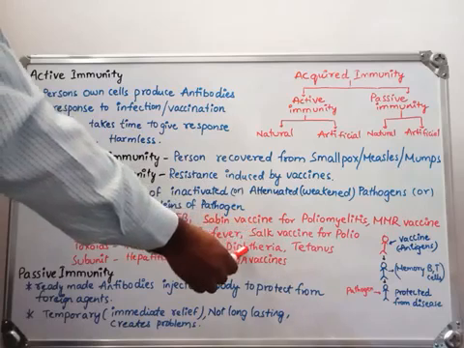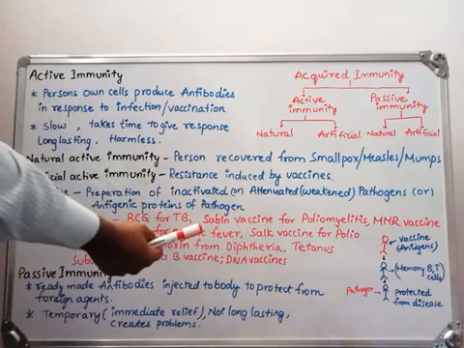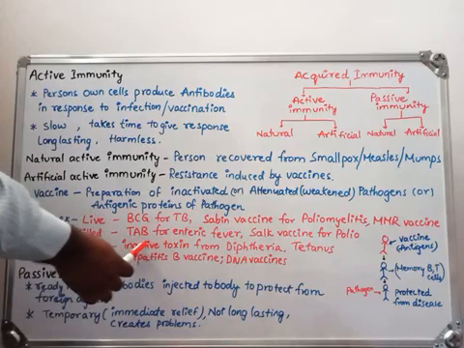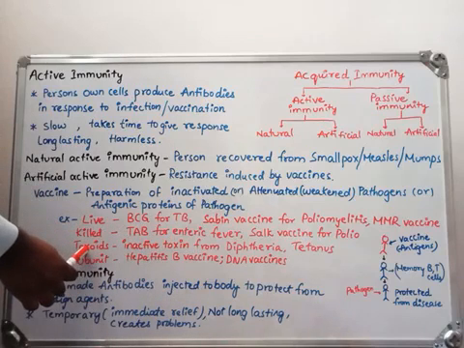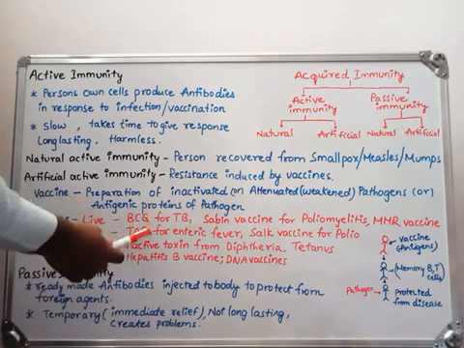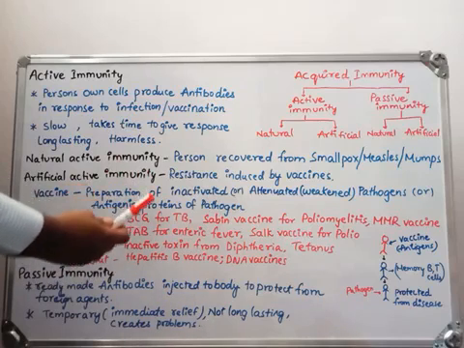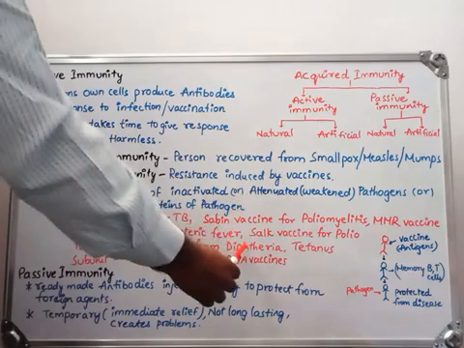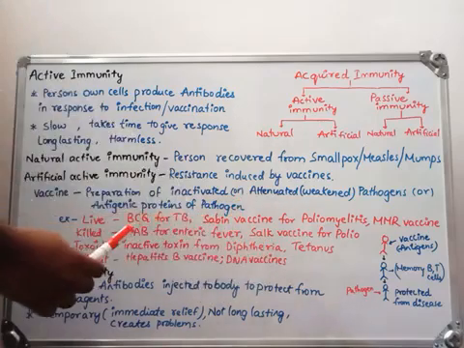To avoid such a case, we take out those diphtherial toxins and inactivate them, and these inactivated toxins we call toxoids. If you introduce the toxoids, they enter the body and produce antibodies, and they provide immunity against the diphtheria bacteria.